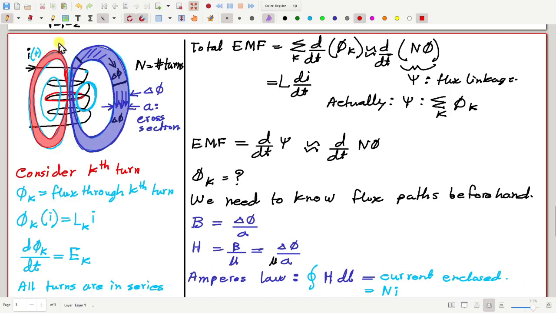How much is the flux here? Suppose that is delta phi 2, and in this way, if we add all this delta phi for all the possible paths, all the possible tubes, we will get the total flux.